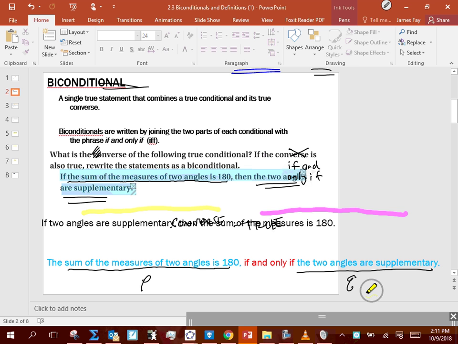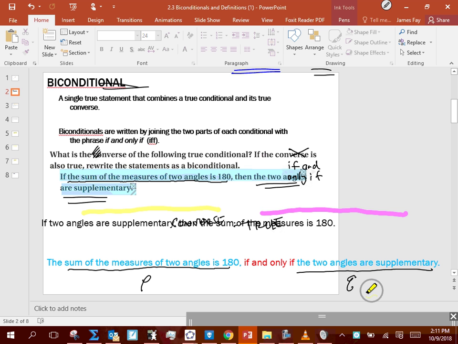Now here's the way we interpret and read it differently. Because it's a biconditional, and because we see that phrase "if and only if" in there, I can read this from P and get Q. So start with the P phrase, you get the conclusion of Q. Start with the sum of the measures of two angles is 180, and I get that the angles are supplementary.